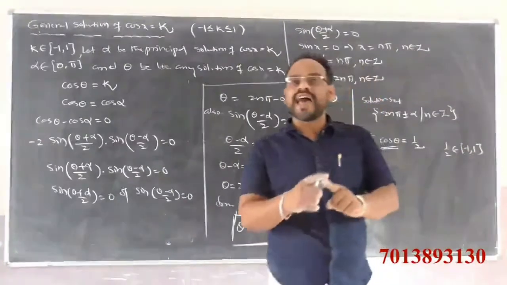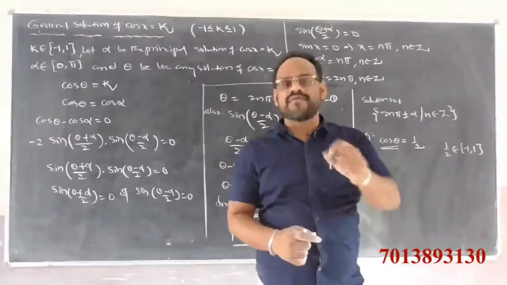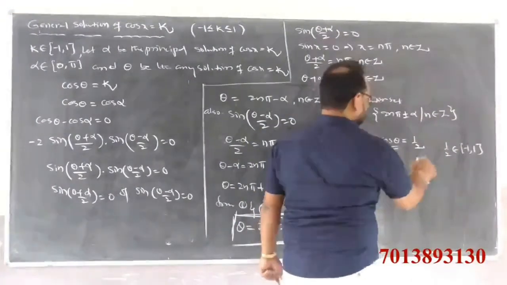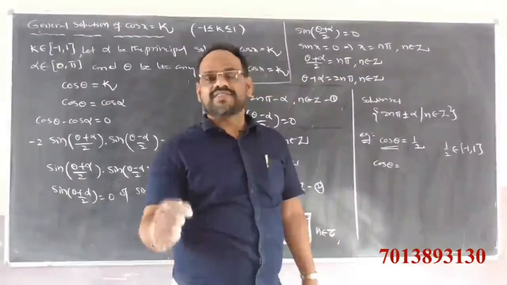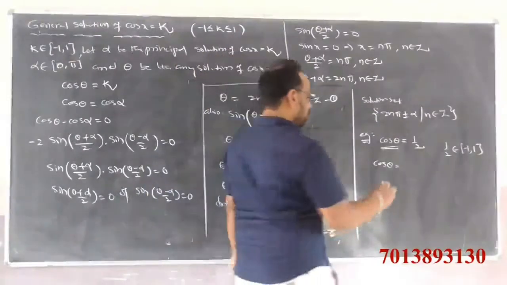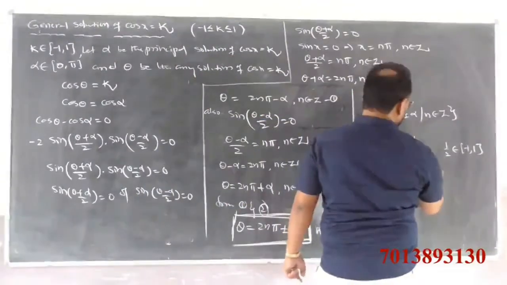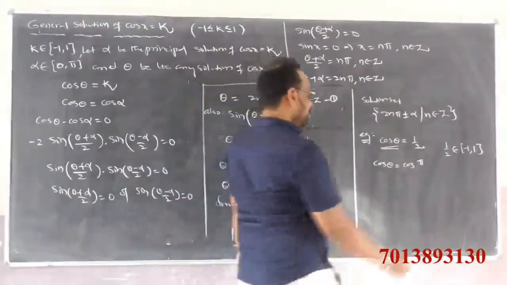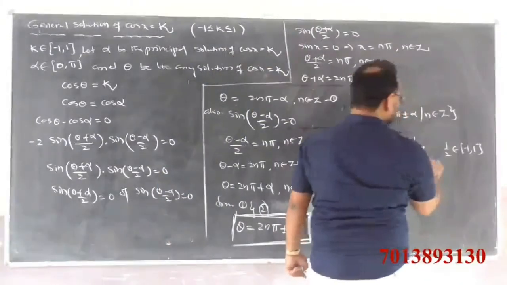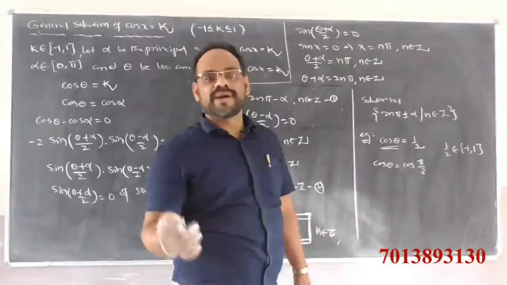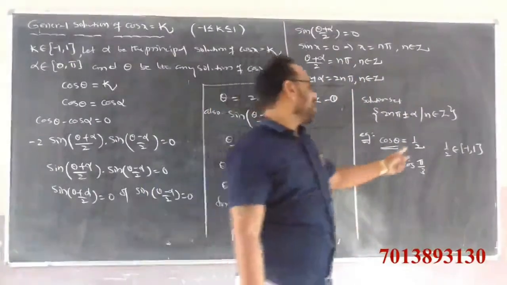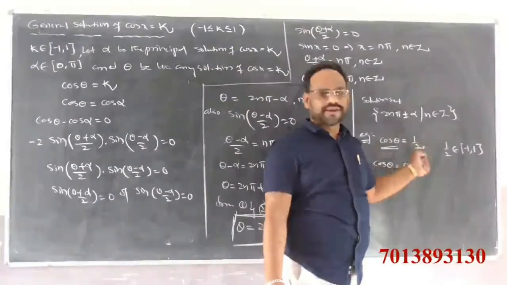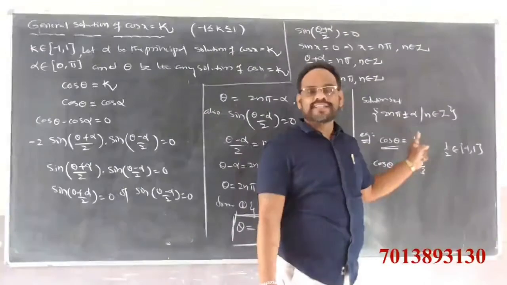So there exists a unique value of alpha such that cos theta is equal to cos 60, that is pi by 3. Pi by 3 means 180 by 3, which gives cos 60. Cos 60 value is 1 by 2.